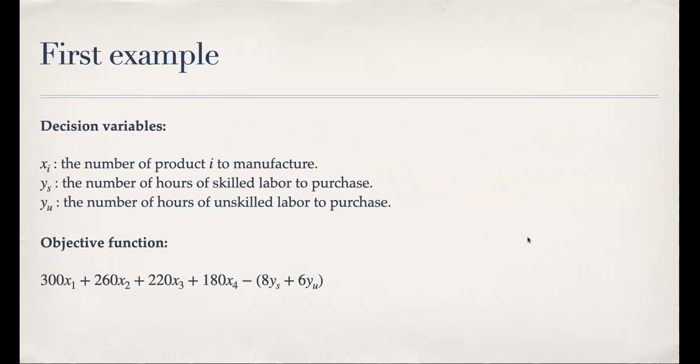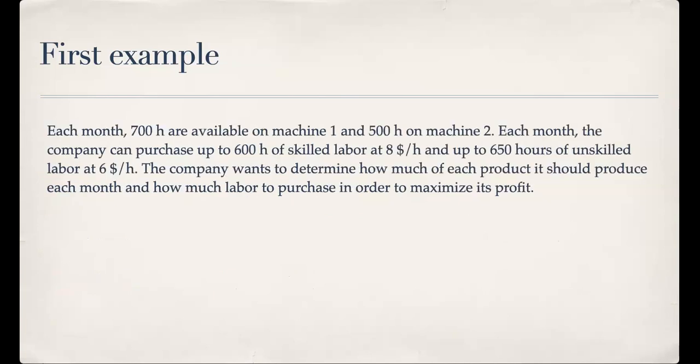One thing that you may confuse is this ys and yu. Ys is the number of hours of skilled labor to purchase. Also, yu is the number of hours of unskilled labor to purchase. Because in the information given, the company can purchase up to 600 hours of skilled labor and up to 650 hours of unskilled labor.